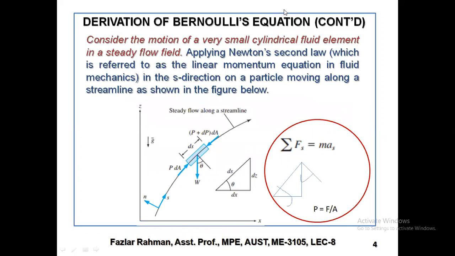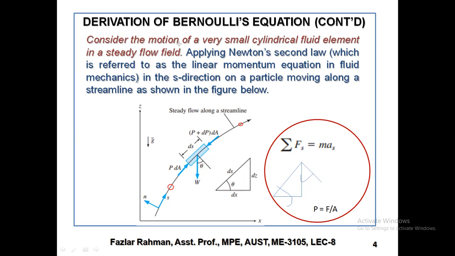Now, how can we derive? We are considering motion of a small cylindrical fluid element. That means kind of a small cylinder. You look right over here. Obviously it has a radius and it has an area. We are thinking this one is flowing in a streamline. That means it is traveling from here along this direction.